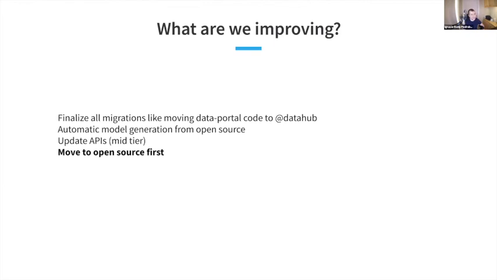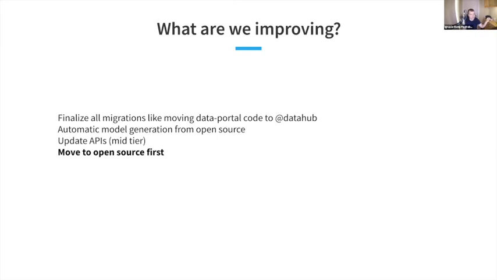What next for us is, we want to move all these files from data portal to DataHub. So if you see a lot of migration, a lot of file changes right now, it's because of this. If you're trying to modify something in data portal, just be careful, because we're probably going to move that out. We want to do this automatic model generation from the open source models.